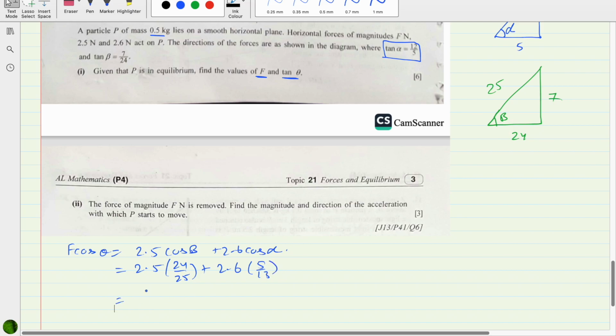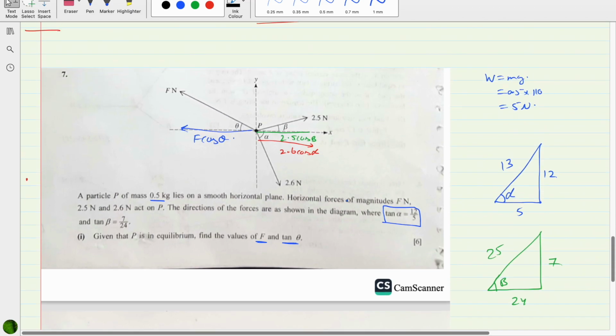Using the calculator to simplify, 2.5 into 24 by 25 plus 2.6 into 5 by 13, I'm getting 17 by 5. So F cos theta equals 17 by 5, this is my first equation. Now I'm splitting them up into vertical components.